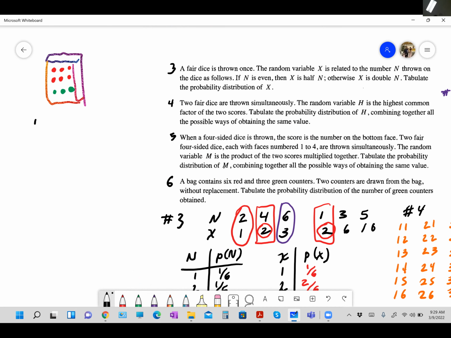Can we draw a red and a green? Can we draw a red and a red? How about a green and a red? How about a green and a green? Okay, good. Those are all the possible results.